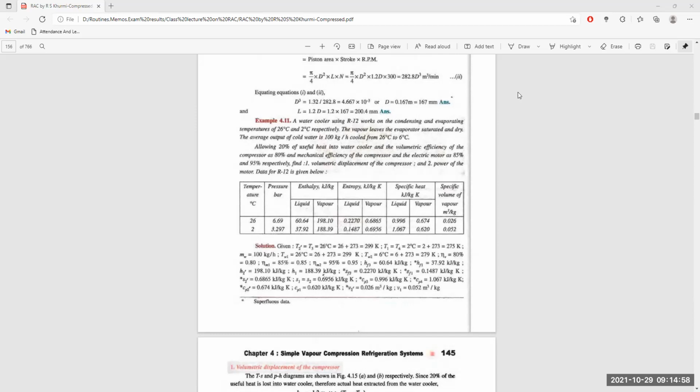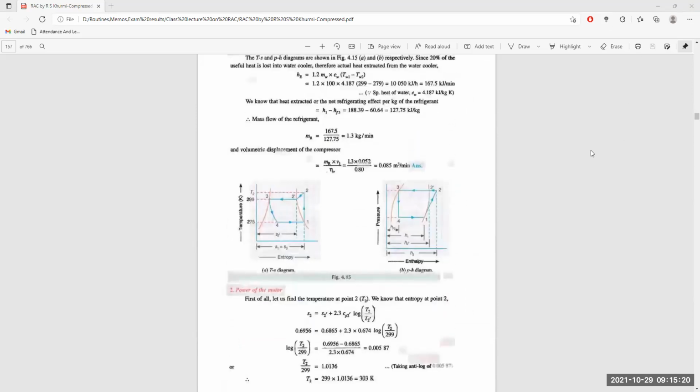Now, this happens like this: the compressor receives this vaporized refrigerant at the saturated vapor line. After compression, it reaches the superheated state. As we know, this line is the vapor compression line.